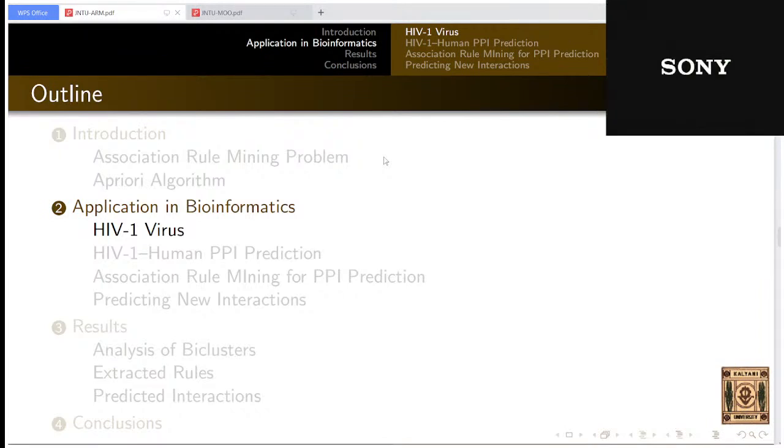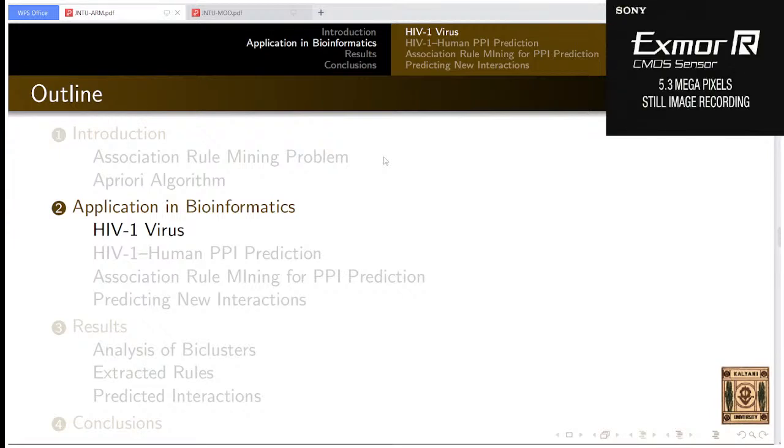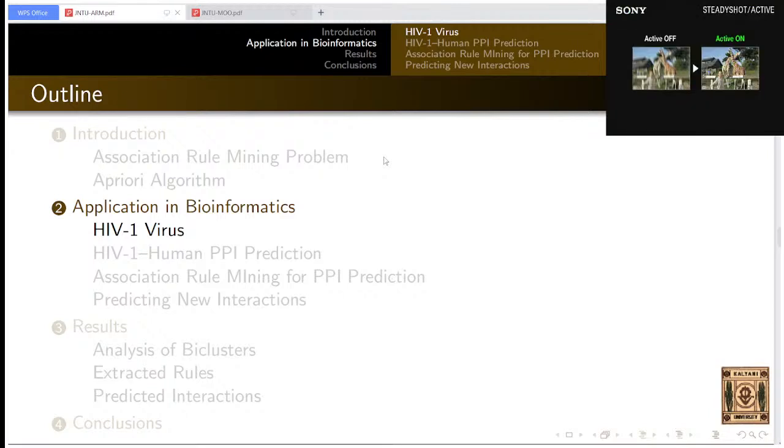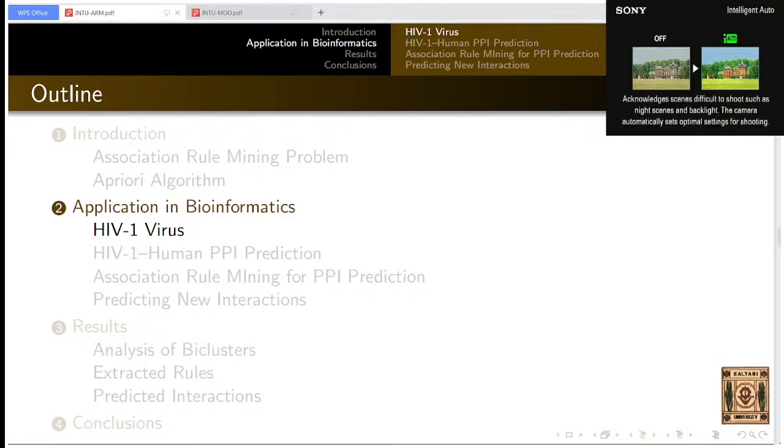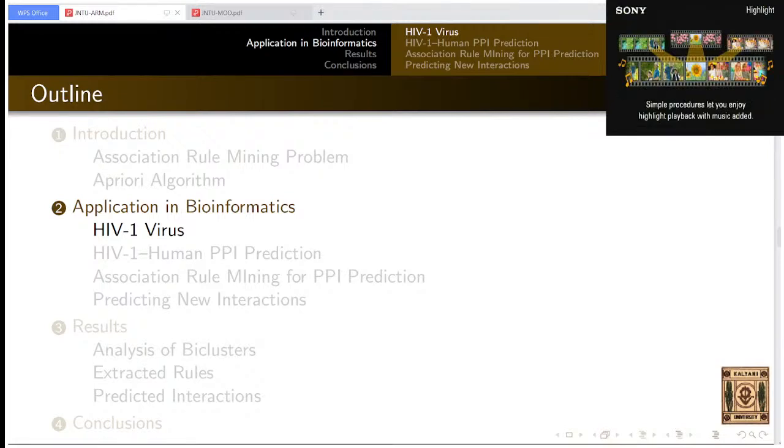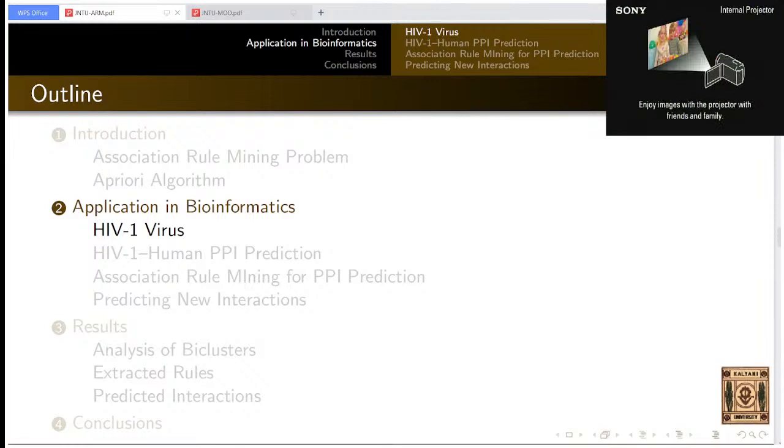Then the way out is to take the help of some computational approach that will give you a most probable list of interactions. Suppose from these 20 cross 50,000 interactions, we apply association rule mining techniques and generate 100 most probable interactions.